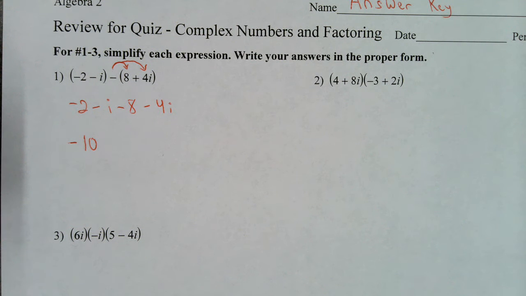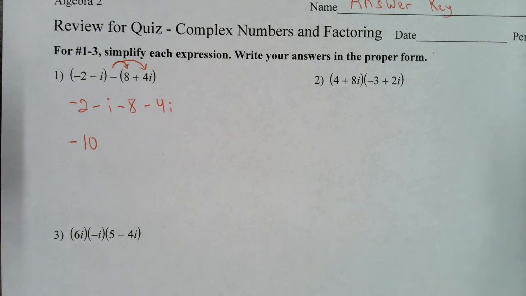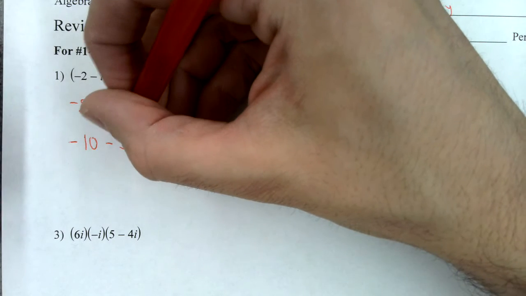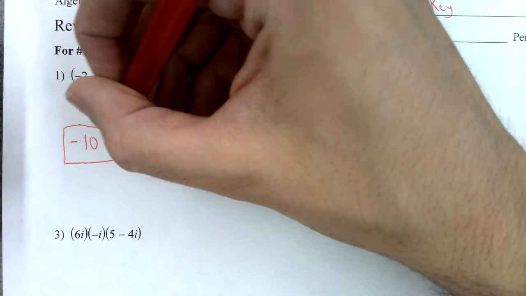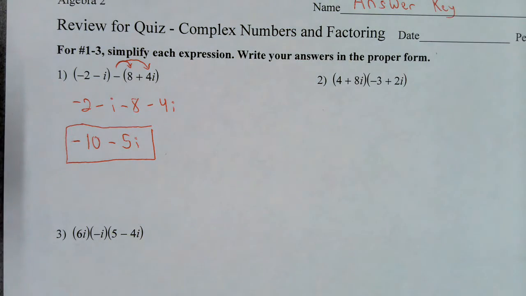And then you have minus i minus 4i, so that's going to give you minus 5i. Okay, so that's the final answer for that problem. Again, it's in the form a plus bi, -10 minus 5i.